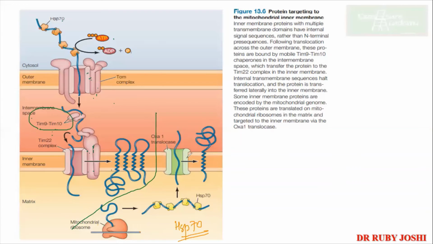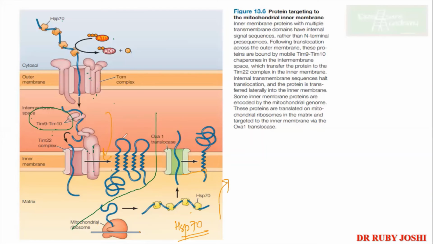Now this will be taken to your OXA1 translocase and it will be pushed to form your alpha helices, single membrane spanning integral protein. Okay? This was your TIM22, where the protein was coming in like this, and OXA1 is what comes from your matrix.